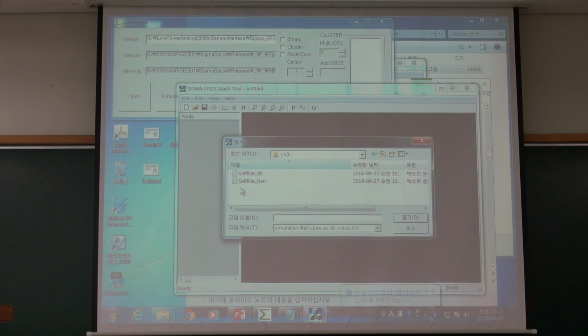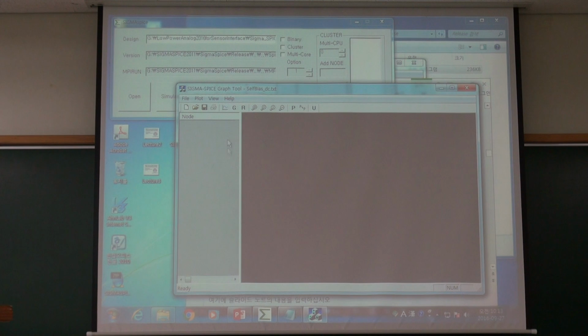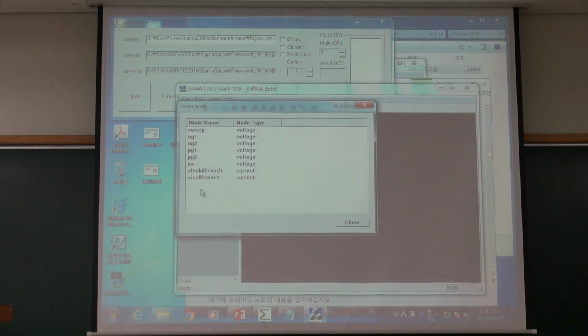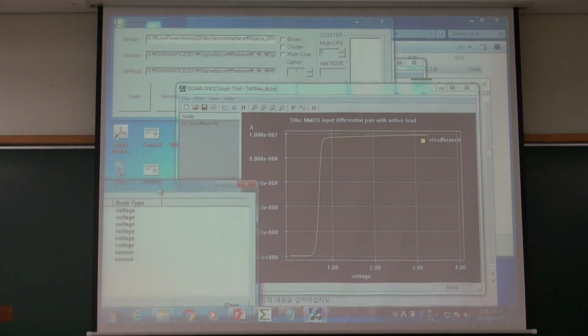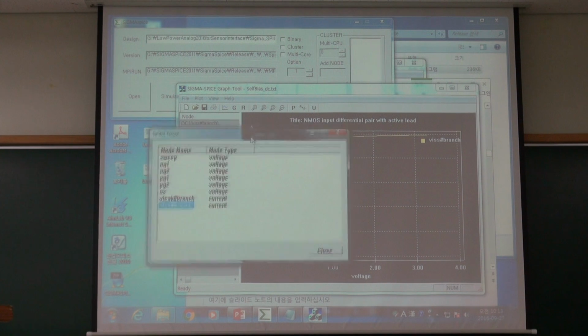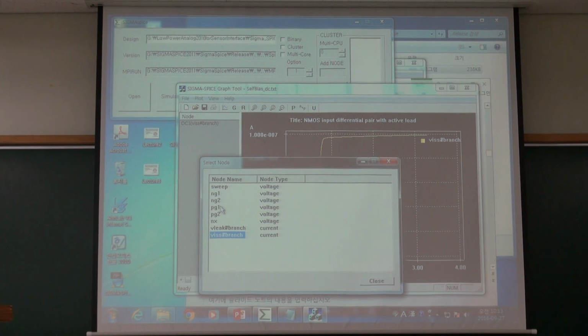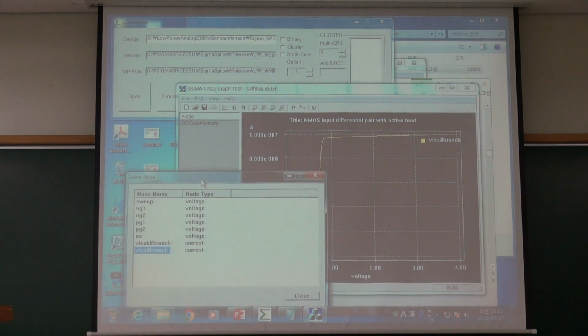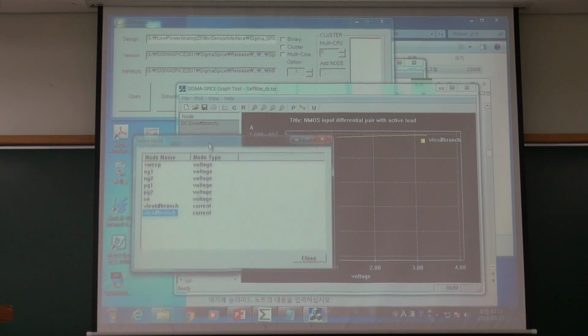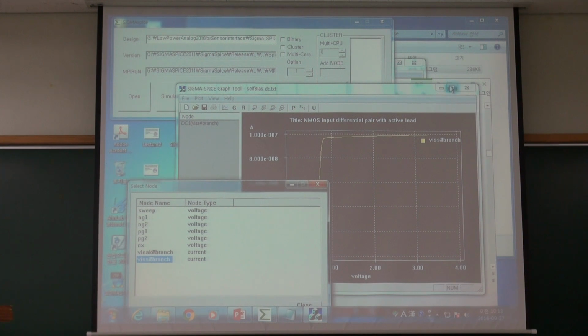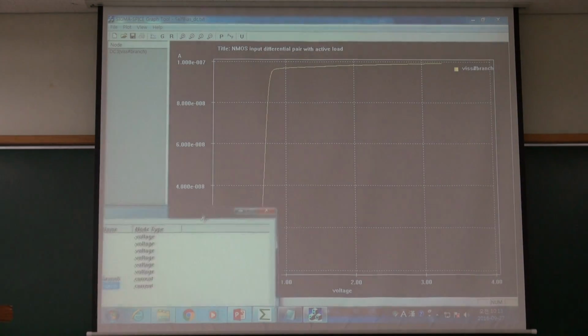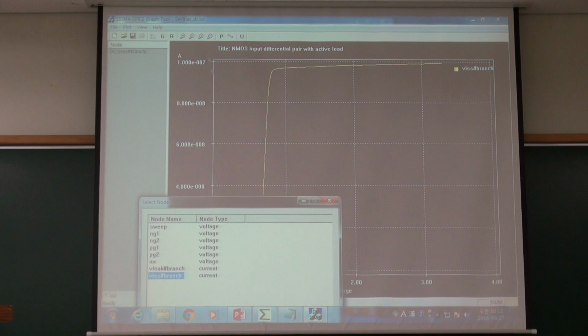This is DC. This is the current through the 360K resistor. It's around 100 nanoamp, can you find it? How about the leakage current?